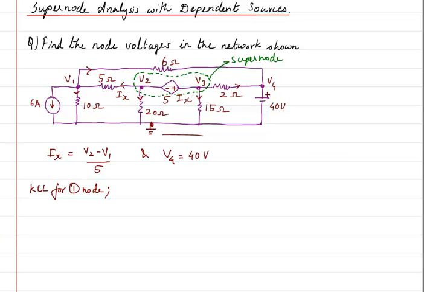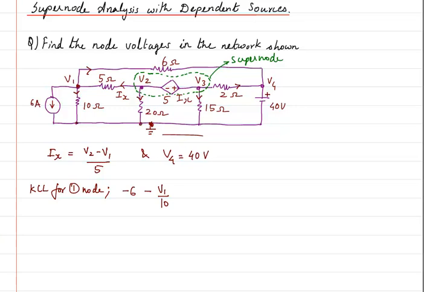Okay, so KCL for this one, there are four currents. The first is an outgoing 6 amps current, so minus 6. Then another is outgoing current through the 10 ohm resistor, which will be (V1 minus 0) divided by 10. Why 0? Because one side it is V1 and the other side it is the reference node.